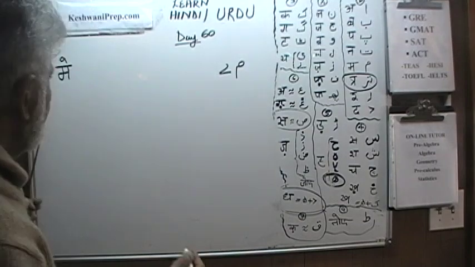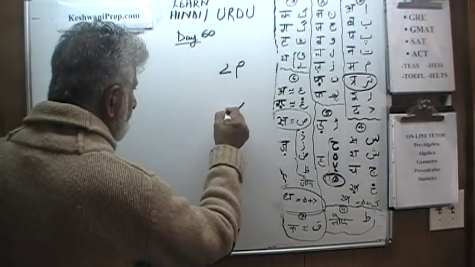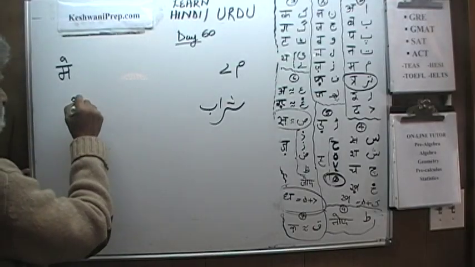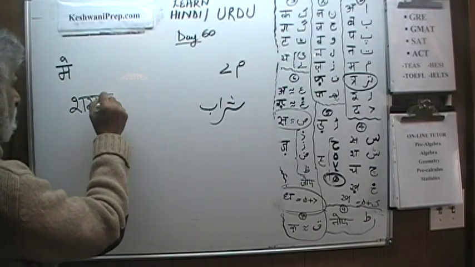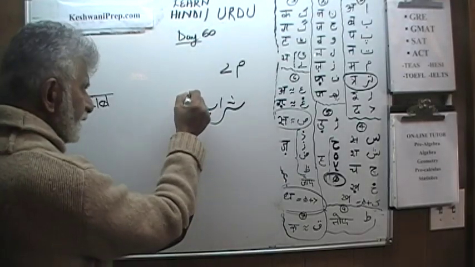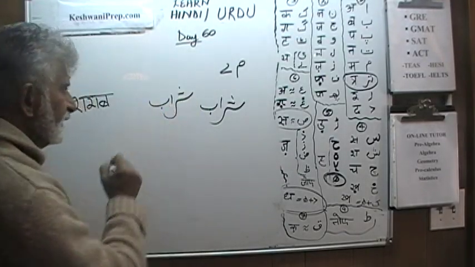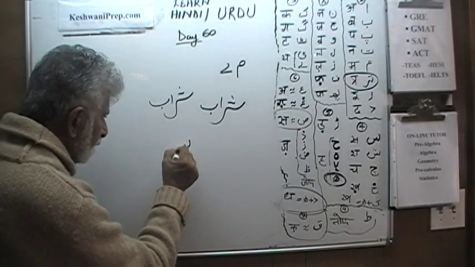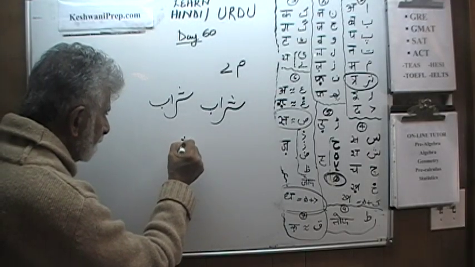Now, do you know what this word means in Urdu? It means sharab. Let me rewrite this word so you can see it. This is how the native will write it. But I'm going to write now a little bit slowly. So here's your two loops for sh with three dots.